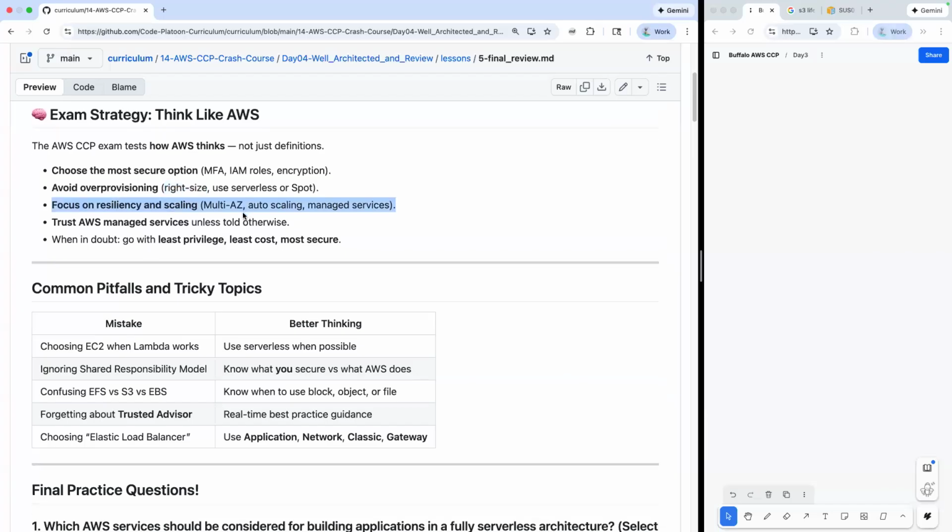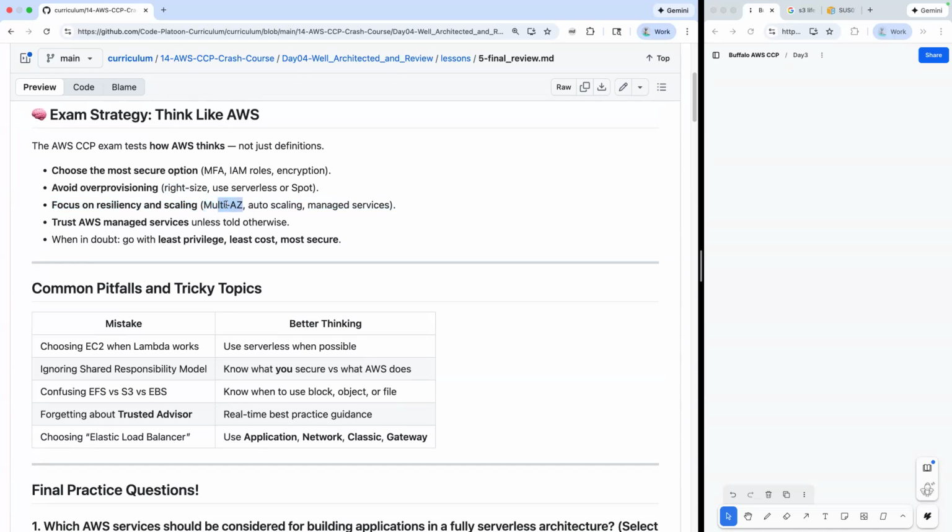AWS is almost always going to want you to focus on availability, resiliency and scaling, right? And so that's why for that question we just saw, not using an availability zone is not really going to be an answer unless they're talking about cheaper disaster recovery strategies.